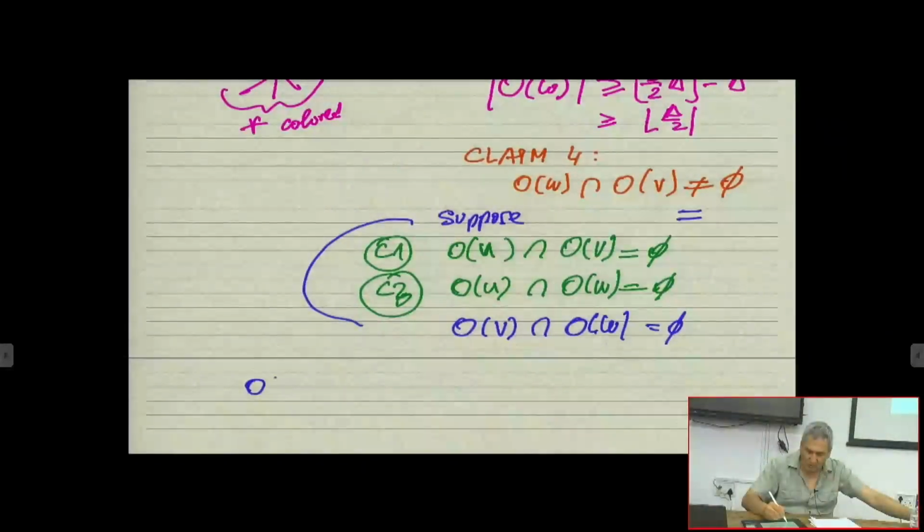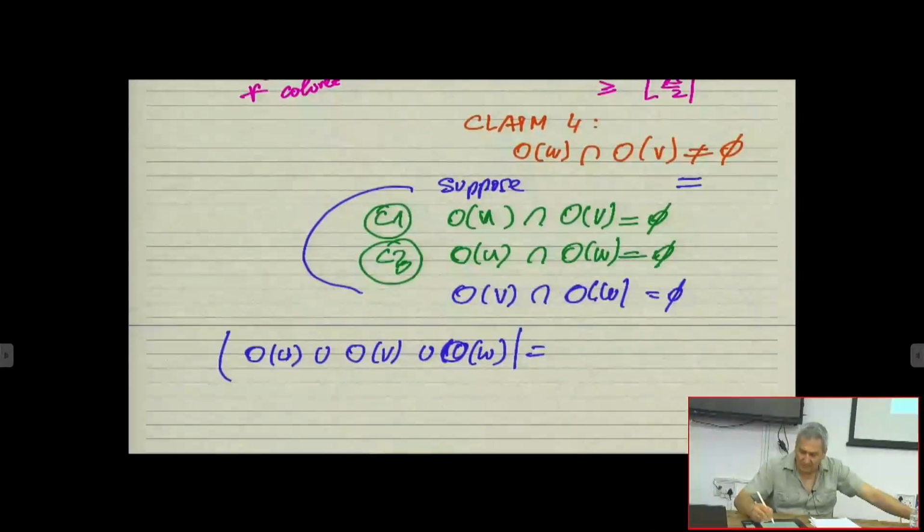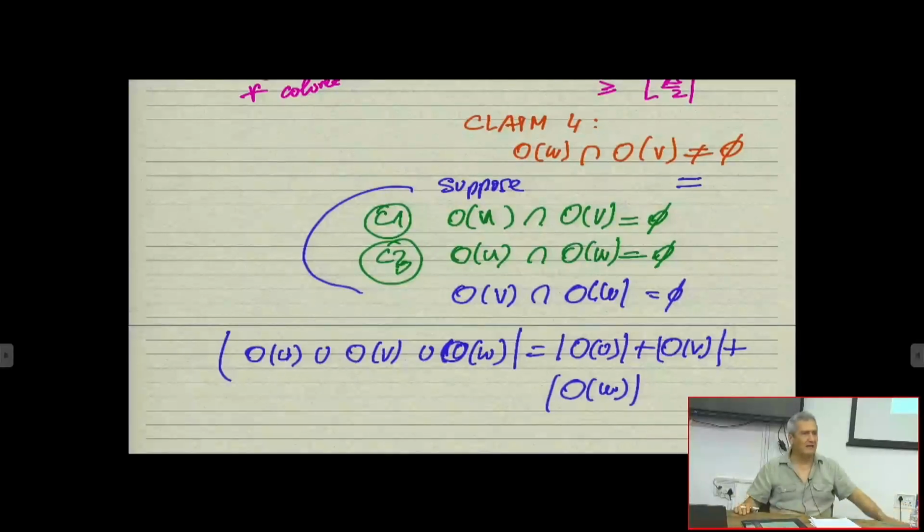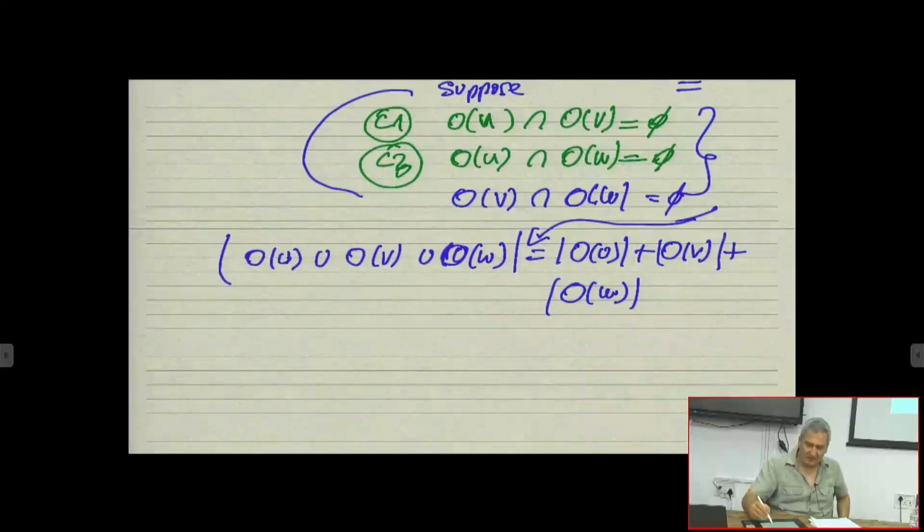If these are disjoint sets, then we are going to have O of U union O of V union O of W, because these sets are disjoint, will be the sum of the sizes. From this follows this equality, yes? Let's count how many we have. O of U and O of V are delta half plus 1, yes?